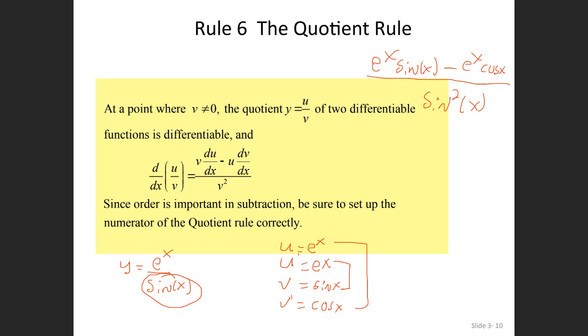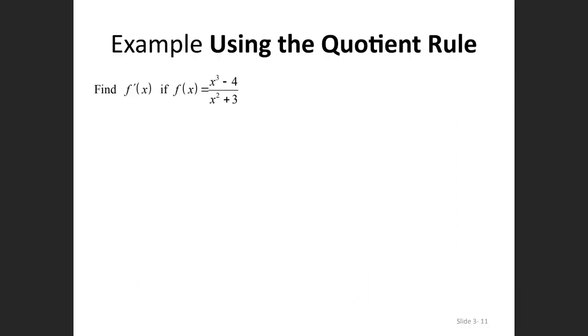All right, let's give it a shot. This one's yours: x to the third minus 4 over x squared plus 3. What do you get for the derivative there? And don't multiply things out. Right away we know the bottom has to be x squared plus 3 quantity squared, because that's the bottom squared.